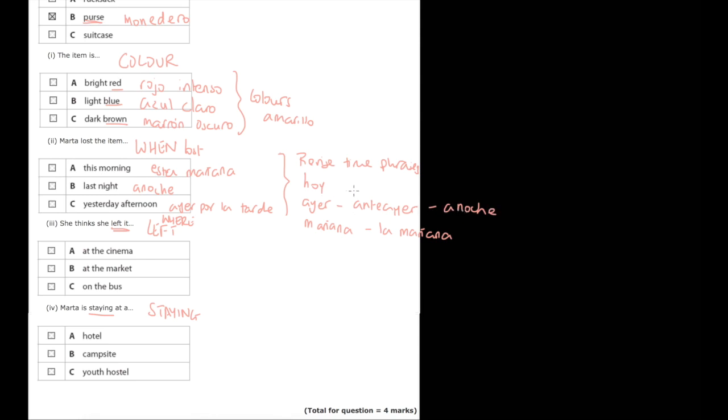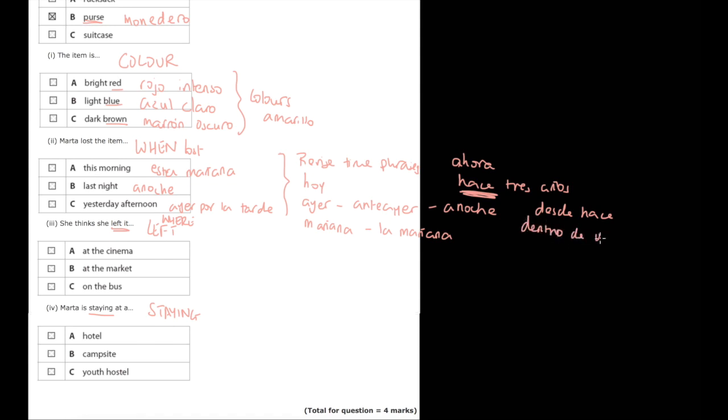And of course, also revise other time phrases such as ahora, now, such as hace tres años, three years ago. So remember that hace is like the equivalent of the English "ago". And also things like desde hace, for how long you've been doing something, or dentro de.